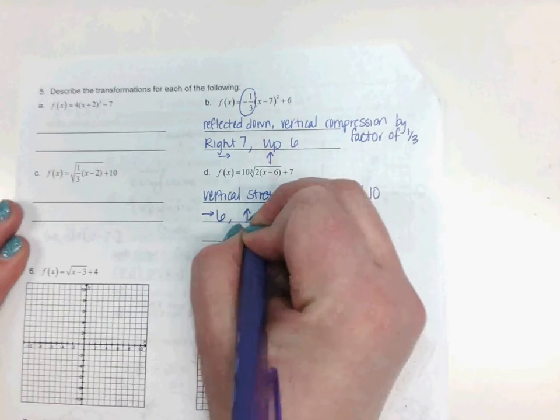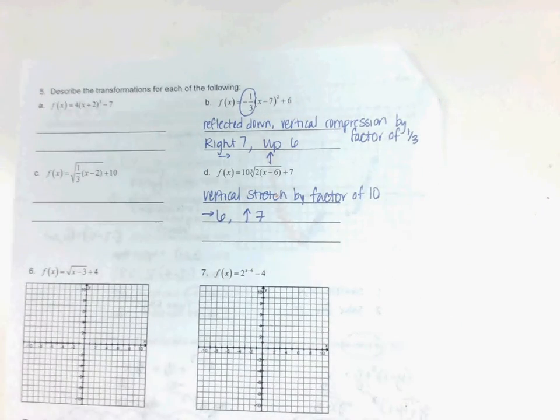Okay, when the stretch or shrink is on the inside, does it still stretch if it's a 2? You remember? When it goes inside, it turns into the opposite. So if it's a 2, that's really a compression.